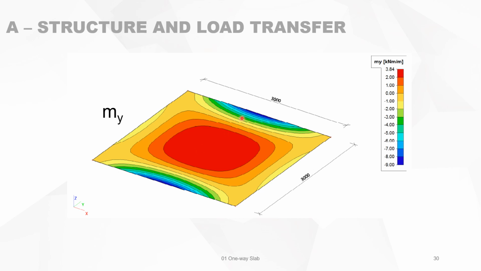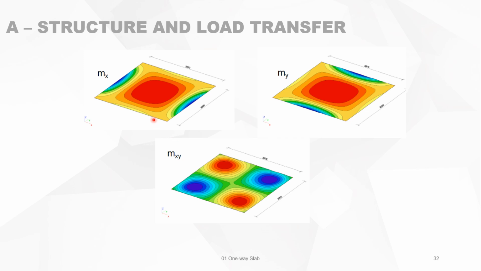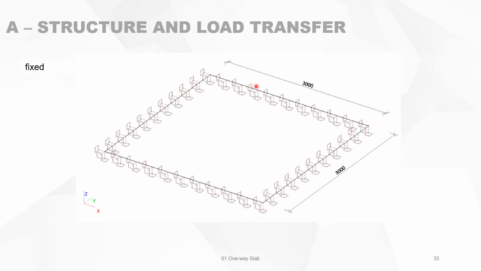Hogging, sagging, hogging. And when we look now at the torsional bending moments, they are nice, round, circular isolines without touching the sides. Then we know, if you look at those three together, it's clamped on all sides. It's fixed on all sides.